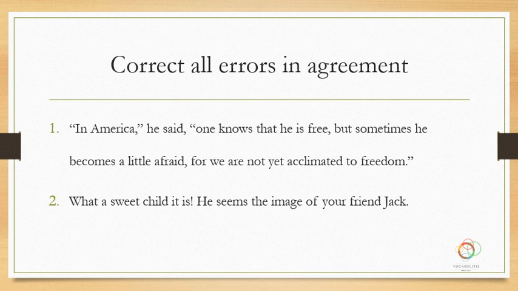All right, next set of questions here. In America, he said, one knows, let me highlight here. He said, one knows that he is free, but sometimes he becomes a little afraid, for we are not yet acclimated to freedom. Okay, so any errors there?